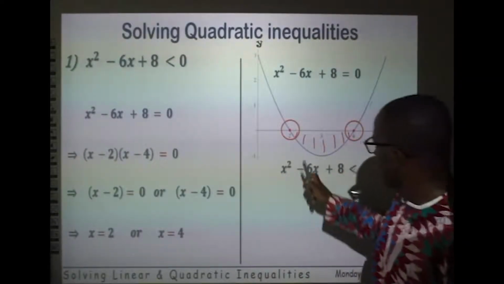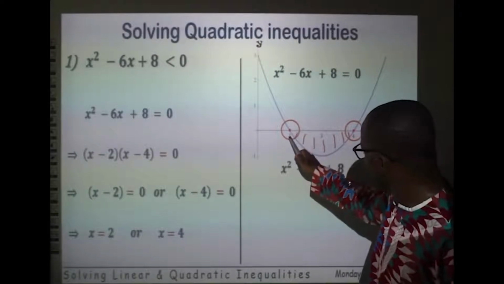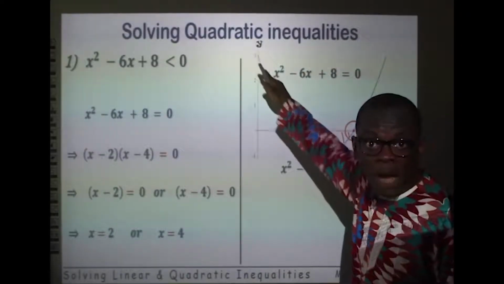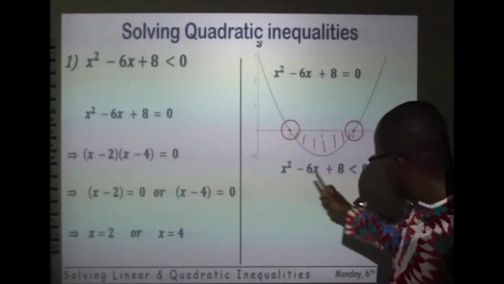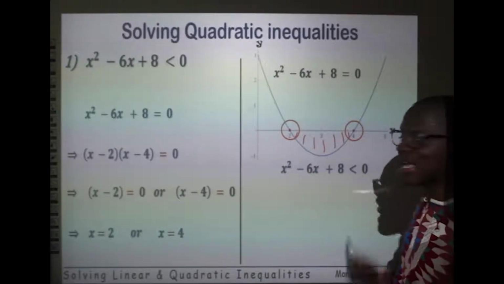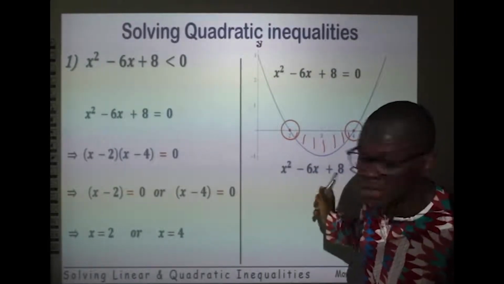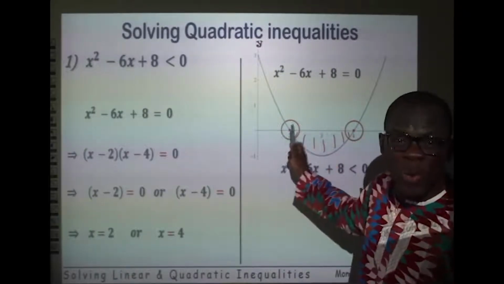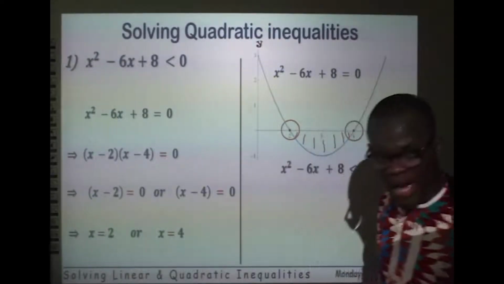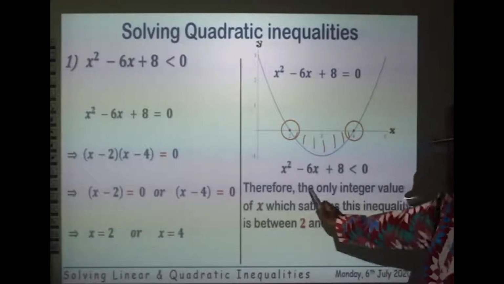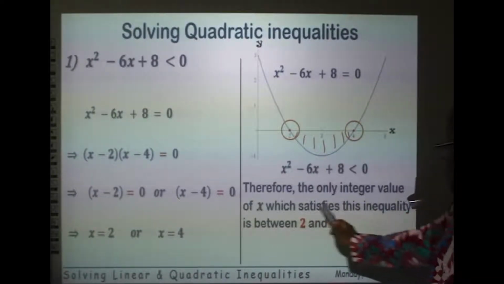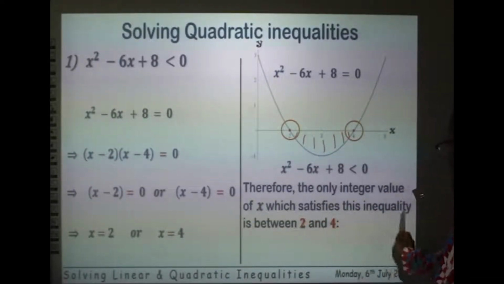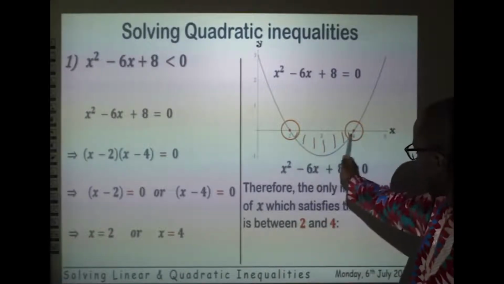So, remember, you have the points 2 and 4, where the parabola cuts the x-axis. Now, because this inequality sign says less than, we will not include the 2 and the 4, alright? So take note of that. Therefore, the only integer value of x which satisfies this inequality is between 2 and 4.